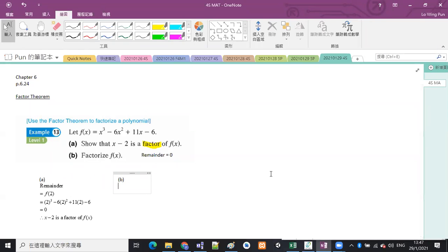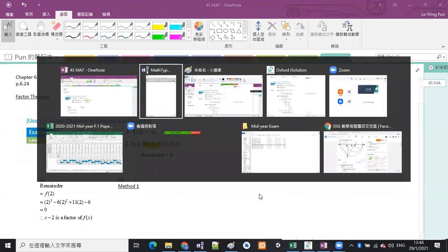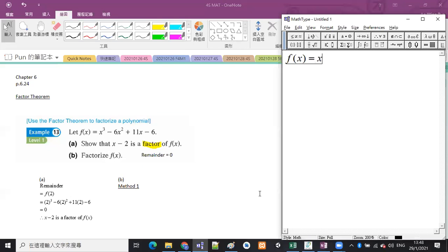Factorize f(x). There are 2 methods here. Method 1 is to use long division. Now f(x) is x cubed minus 6x squared plus 11x minus 6.